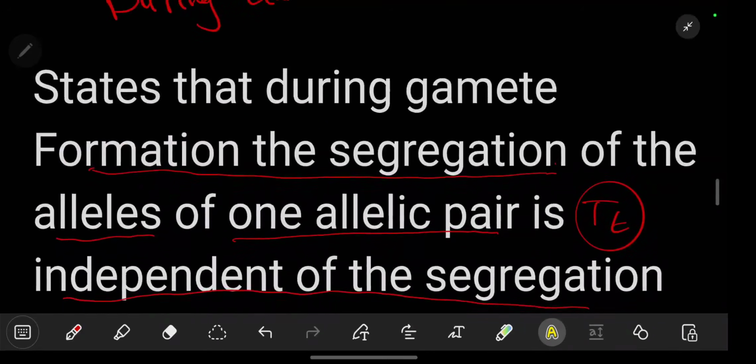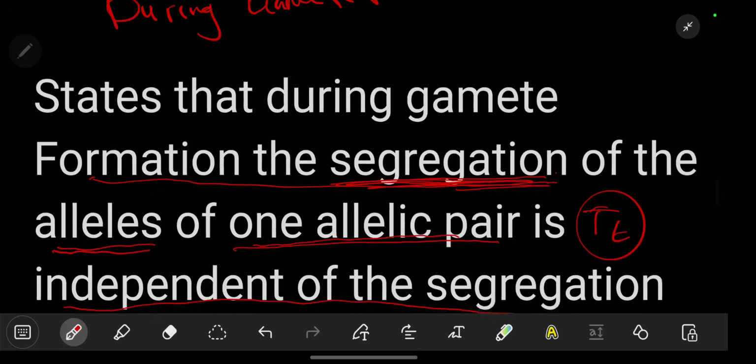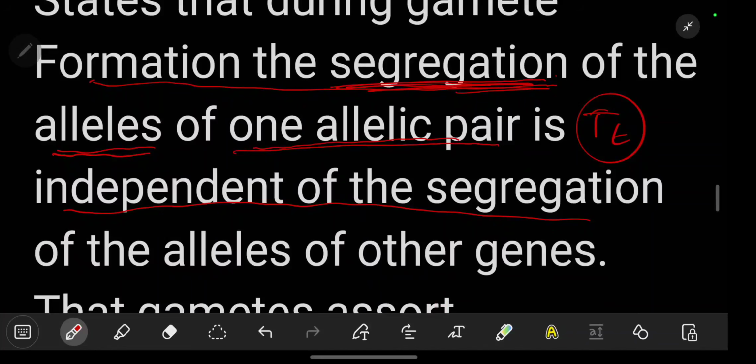So now, if you look at this, during gamete formation, the segregation, which is the separation of alleles of one allele pair, they occur in pairs, is independent of the segregation of the alleles of other genes.